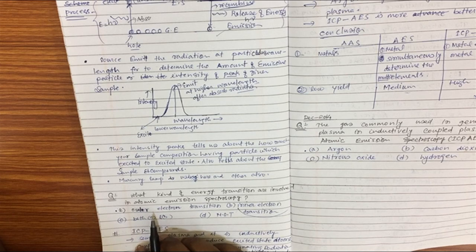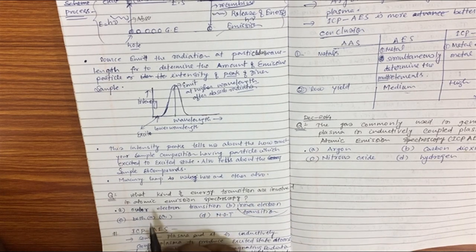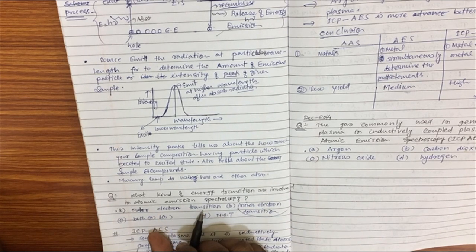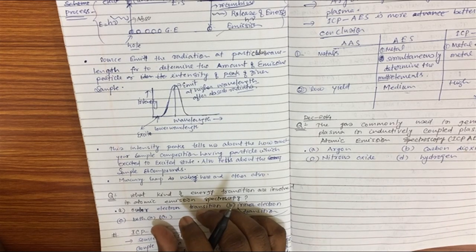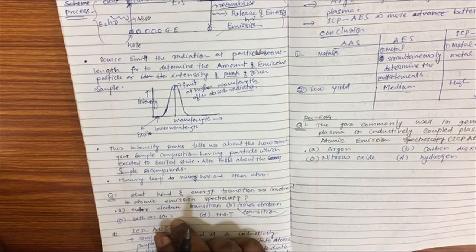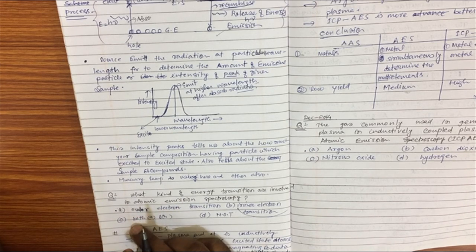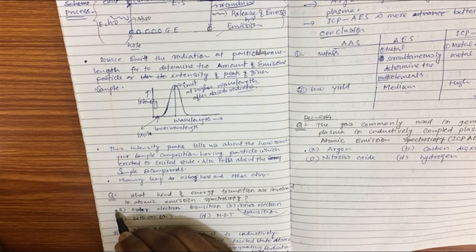As I told, only the outer electron transition takes place, because the atom loses an electron from the outermost shell, not the innermost shell. So the option will be outer electron transition.